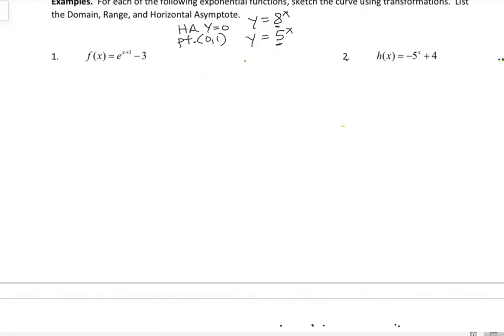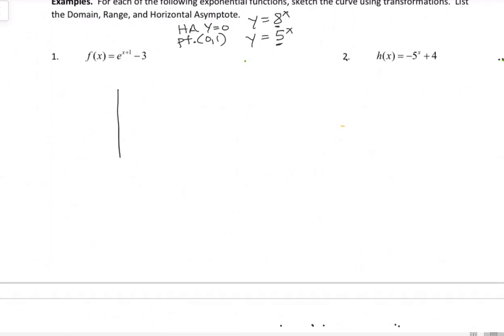Now, of course, 8 to the x would climb faster than 5 to the x would, but we're not measuring that. We're not measuring how steep your climb is. So in general, 8 to the x and 5 to the x could look very much the same when you're doing transformations. So you don't need to really worry about what the base is. You just have to identify the transformations. Okay, so let's get to that example.